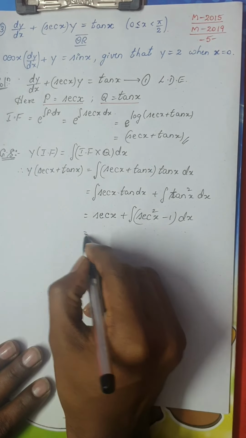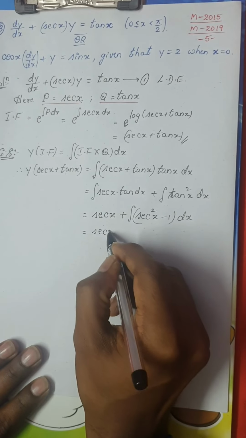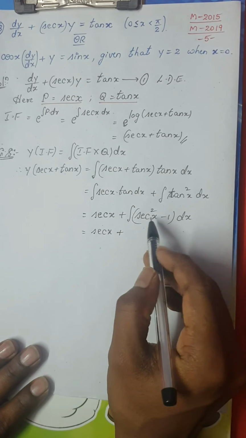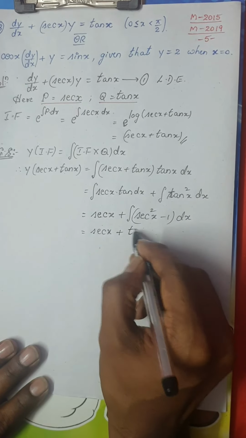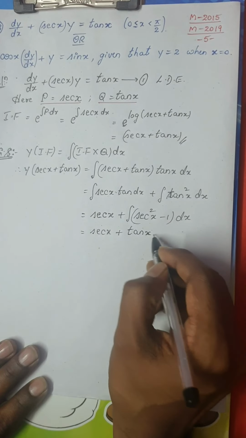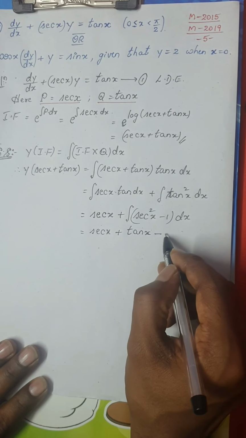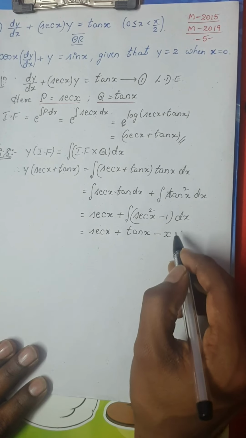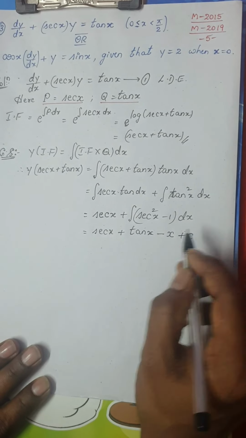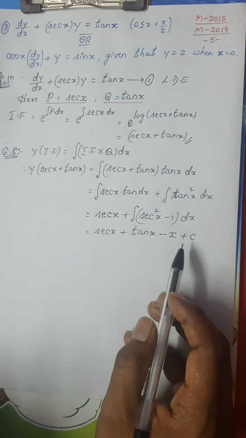So this is nothing but secant x plus, now what is the integral of secant square? We all know the integral of secant square is tan x, minus the integration of 1 is x, plus c, which is the constant of integration.